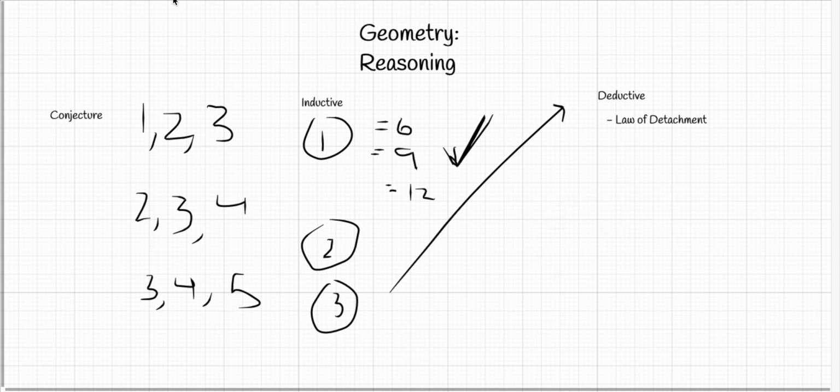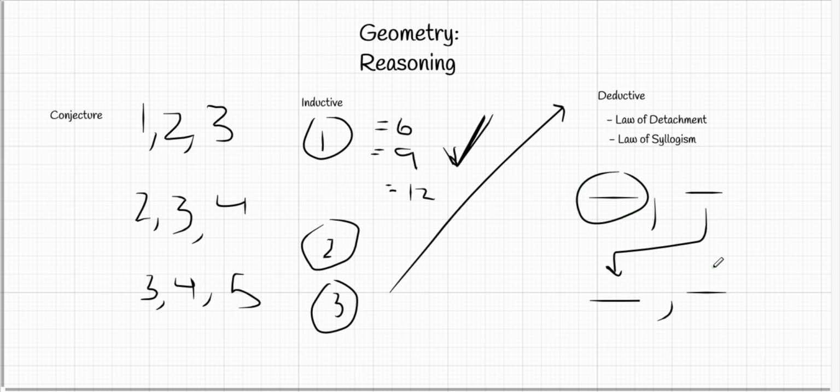And the second one is called the law of syllogism. Yes, it's pretty hard to pronounce, but it's very important because it says that if you have a condition and this result is a condition for another statement, then this statement is true. So that looks very confusing, so I'm just going to use variables now.